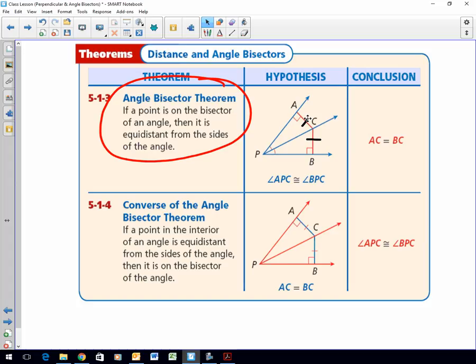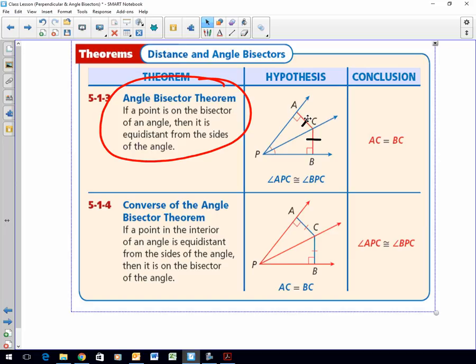In this case, AC would be congruent to BC. Notice what else is true about the angle bisector. What kind of angles does this form? Right angles, okay? The right angle there.